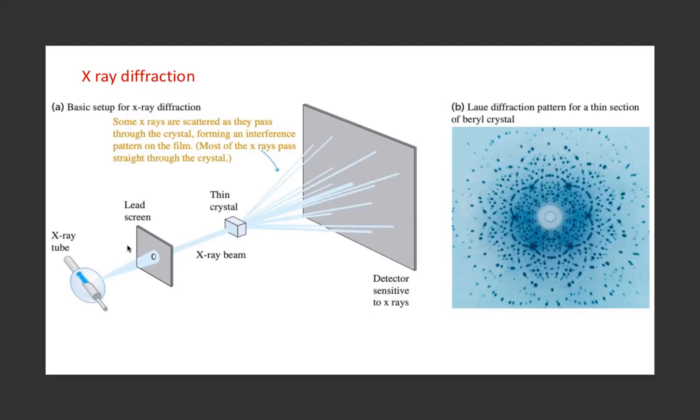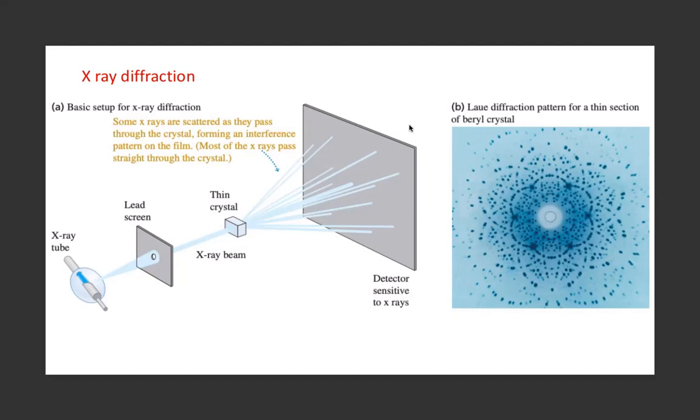The distance between atoms is in the angstroms, comparable to the wavelength of light of the same length, the angstrom.